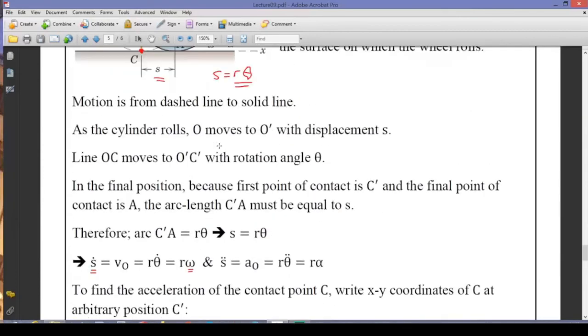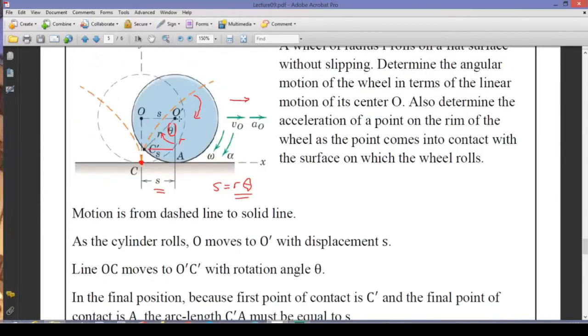Let's take a look at the rigid body again. This rigid body at that instant is moving with a v0 speed. This v0 speed is to the left, okay, and this is equal to r omega. And the rigid body is also rotating with an omega angular speed. That means at this point, this point's relative motion with respect to the mass center is in this direction, and the amount is r omega.